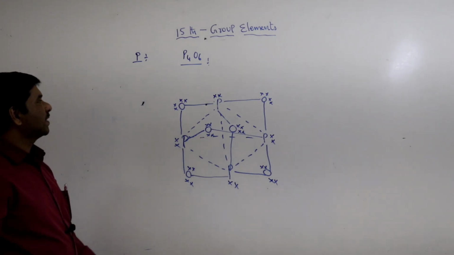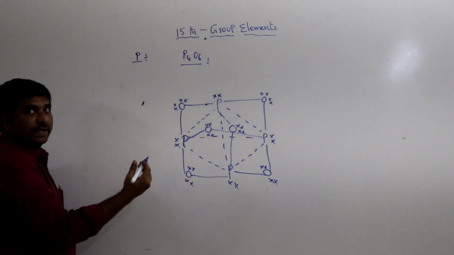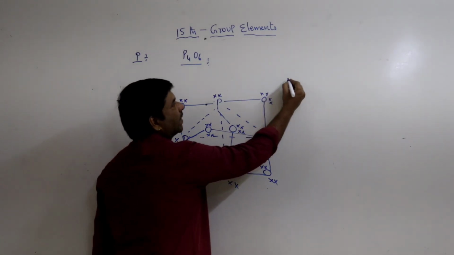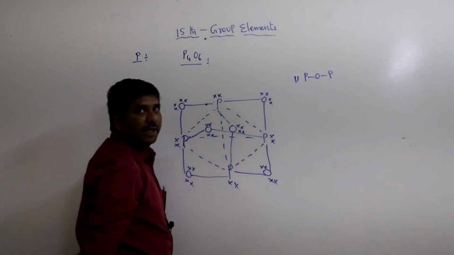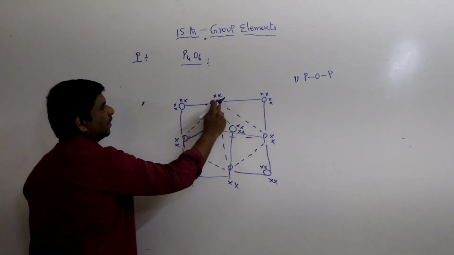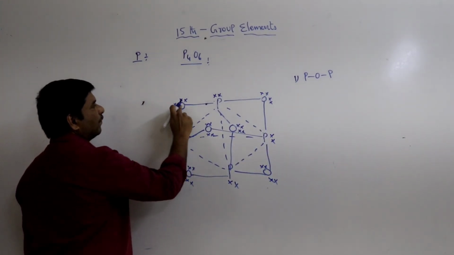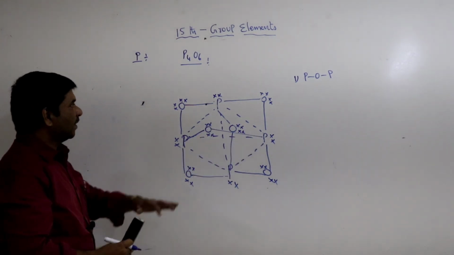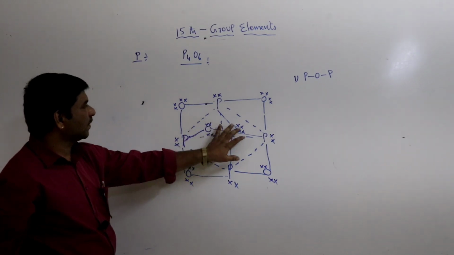In this P4O6, there are P-O-P bonds. How many P-O-P bonds? 1, 2, 3, 4, 5, 6. Six are possible: 1, 2, 3, 4, and the middle 2.